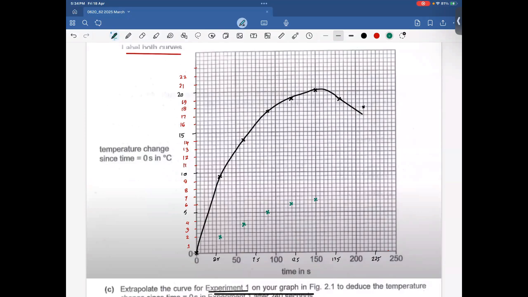6.5. Then at 180, 7. This is 7. And then at 210, 7.